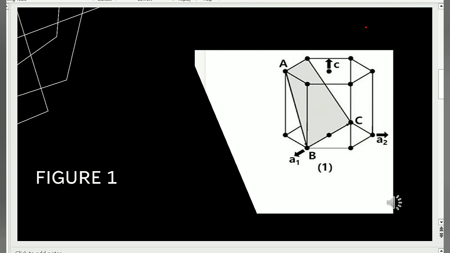So let's first find out Miller indices. So first I'm finding out the M index, and then we'll find out the MB index, which is Miller-Bravais indices.